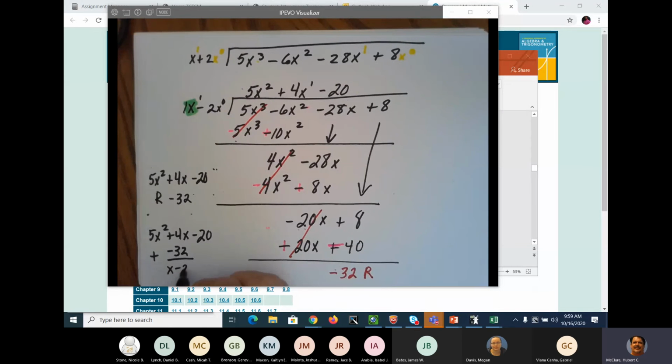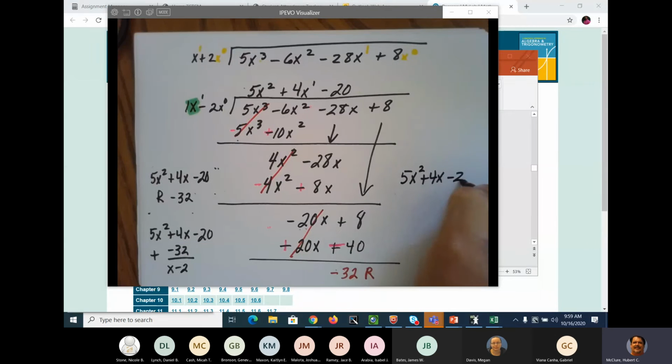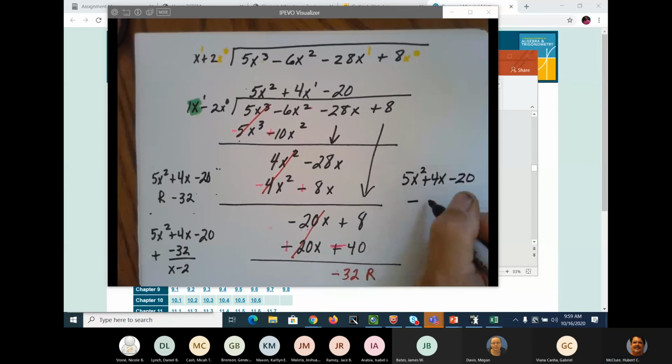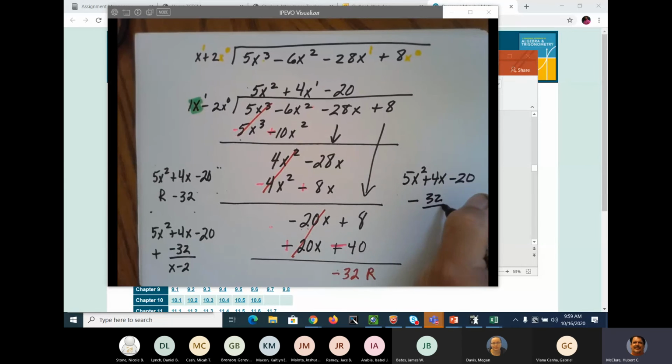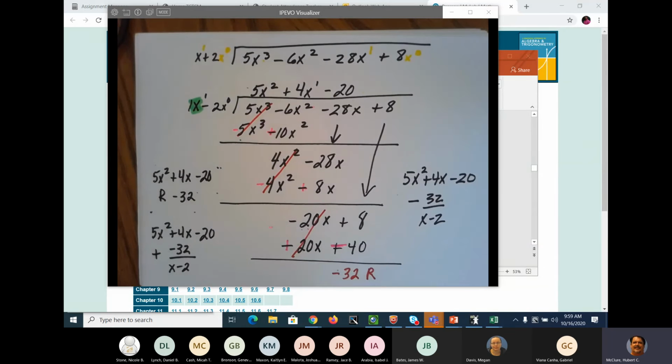And of course, that negative will make this a negative, which would be 5x squared plus 4x minus 20 minus 32 over x minus 2. So either one of those 3 answers could be your answer.